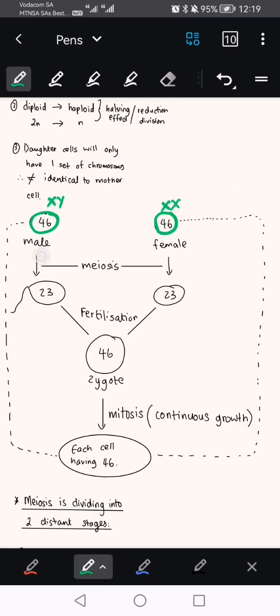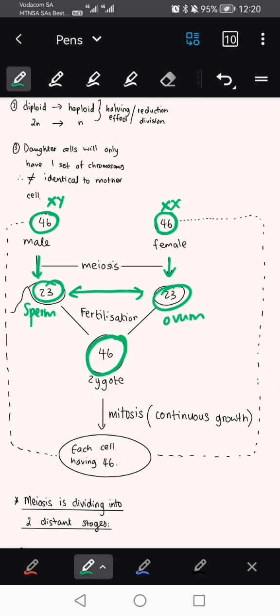The male gametes and the female gametes will undergo meiosis, and they will produce 23. And the significance of this halving effect, remember this is the sperm and that is the ovum, is so that when the sperm and the ovum fuse during a process known as fertilization, the zygote that is formed will also have 46.